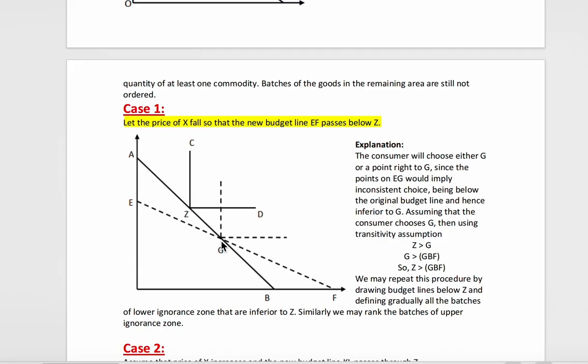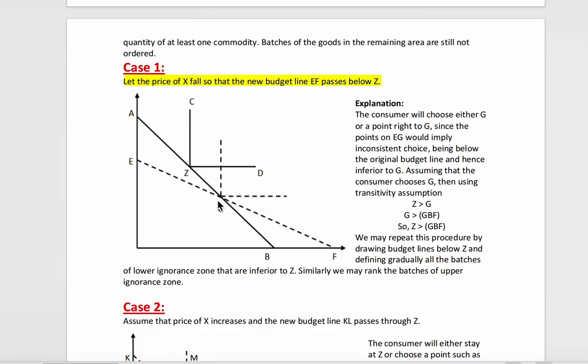So suppose the consumer is choosing the Z bundle of commodity, then the consumer is gaining higher utility. The consumer is gaining higher utility at the G point, then the area BGF, and Z is also greater than G. It means the area Z is greater than GBF by using the transitivity concept.